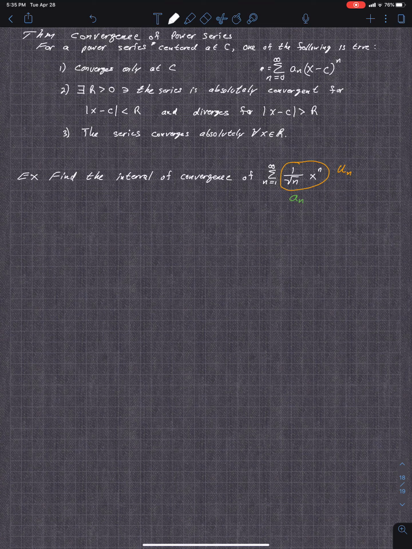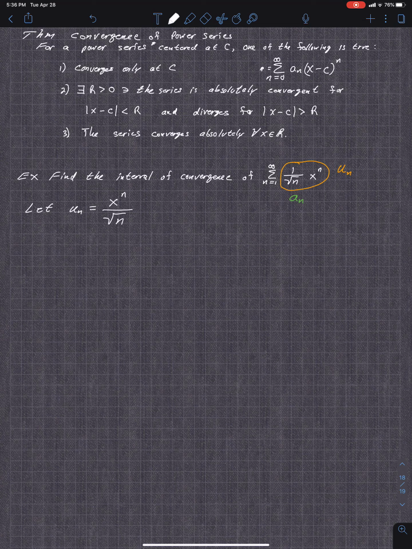So you'll have one of those three things for series convergence. So let's look at this example. Find the interval of convergence of the series. And I just wrote some things here to show you that we use u sub n for the whole thing, because we still consider this to be your a sub n. So that's the only reason we do that. All right, so let's go through this. First, let u sub n be x to the n over the square root of n.